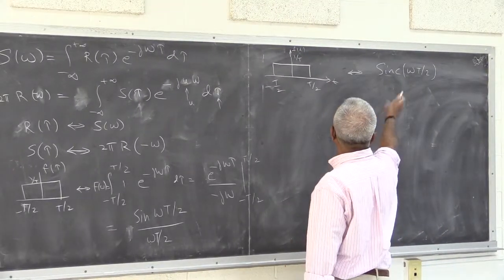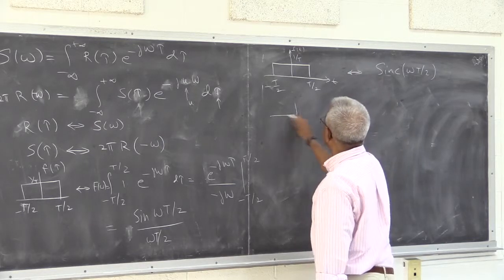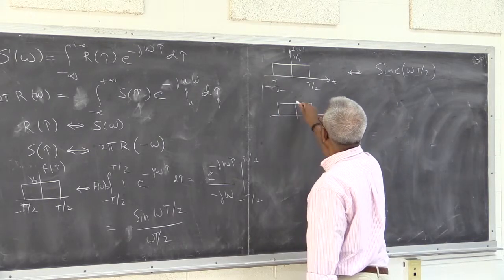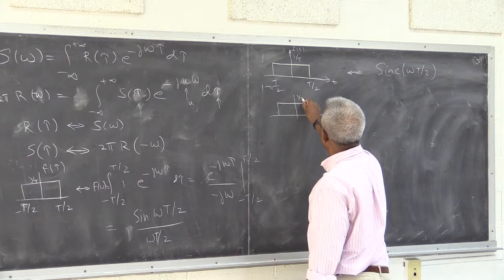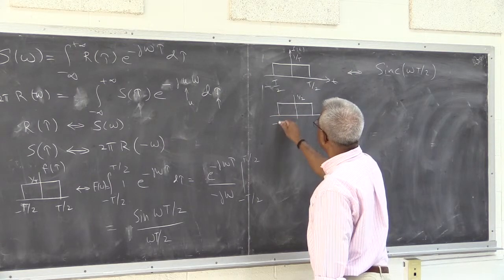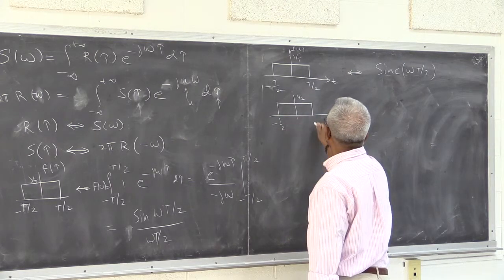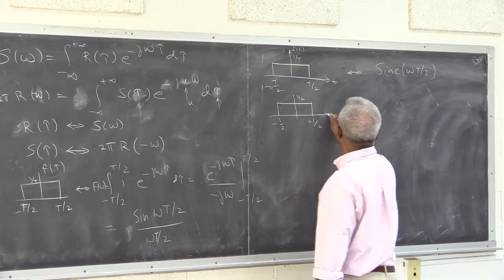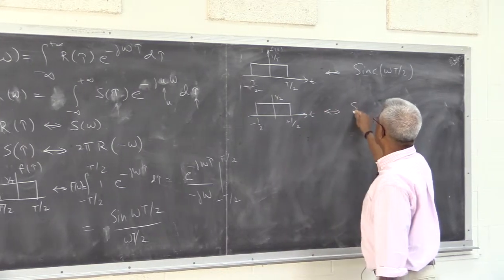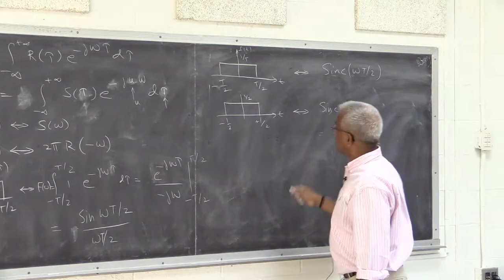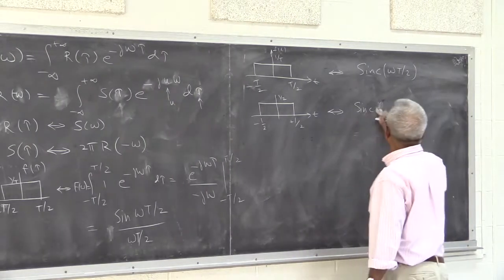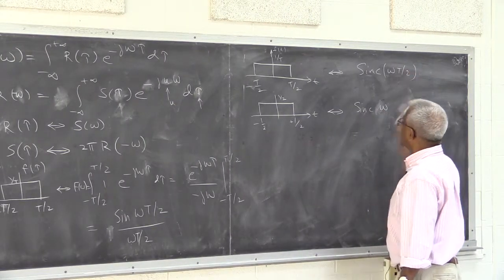Consequently, if you put t equal to 2, this is minus half to plus half in the t domain, and here you have a sinc omega, because t is 2.